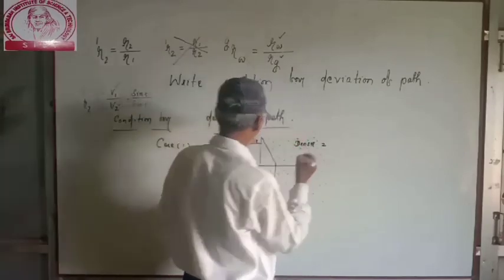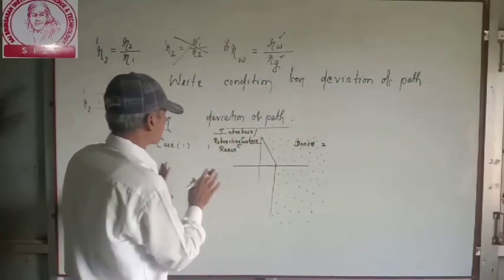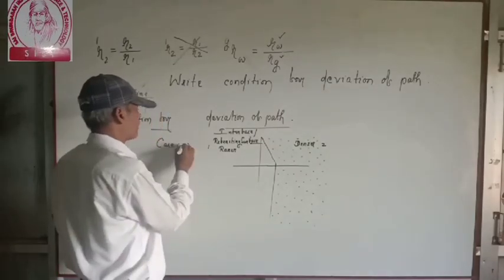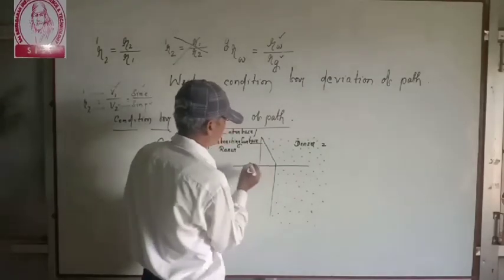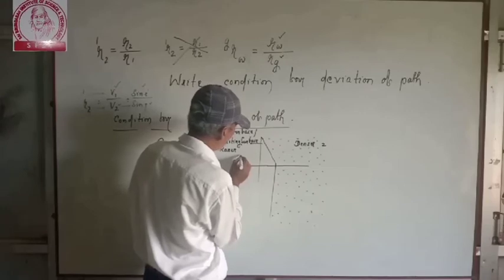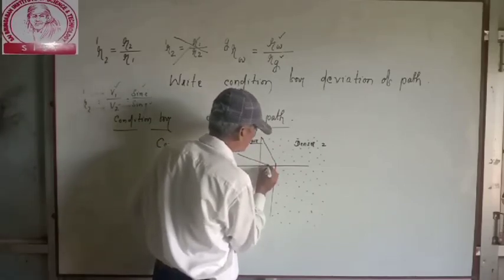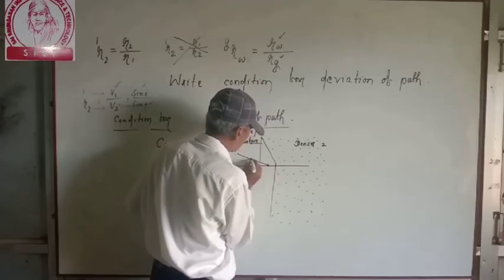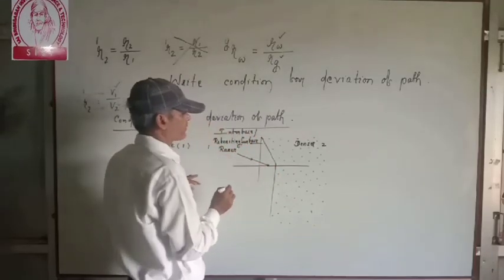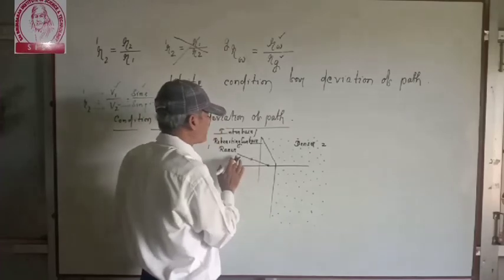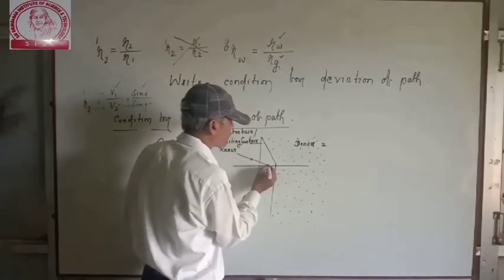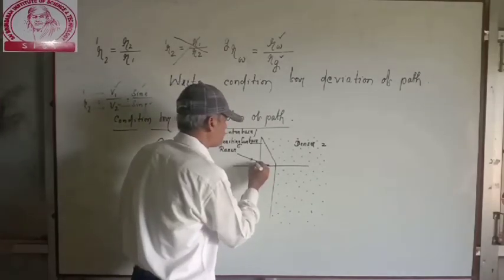Now the ray propagates from rarer to denser. What will happen? Let's see. The ray strikes the interface, hits the interface at this point. This is the angle of incidence.